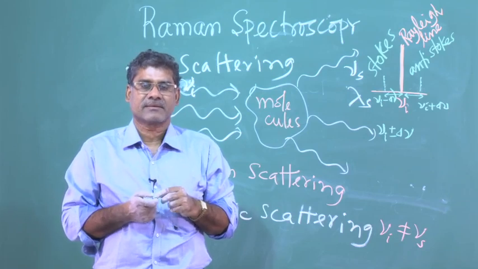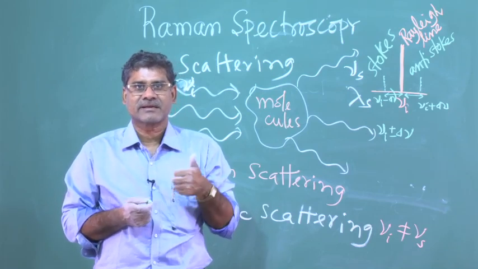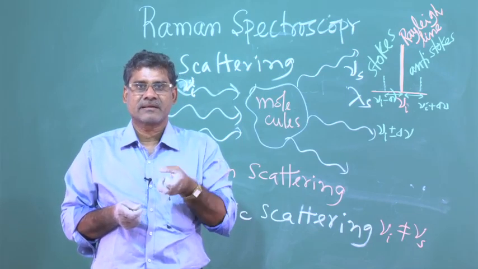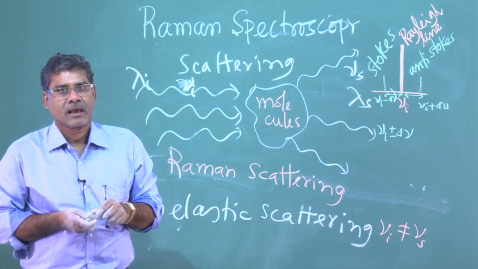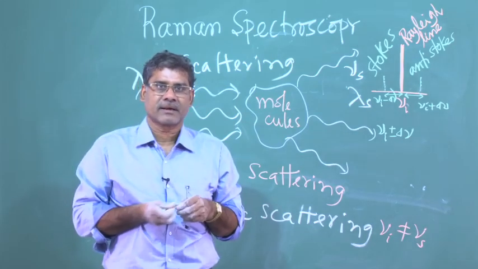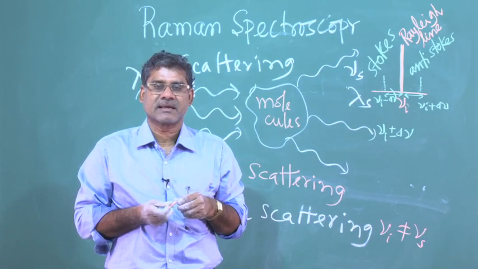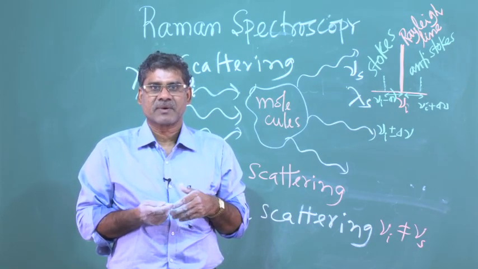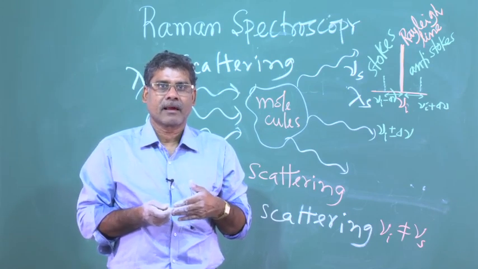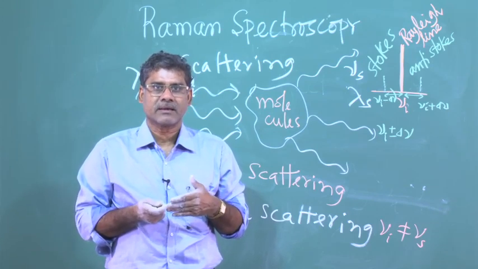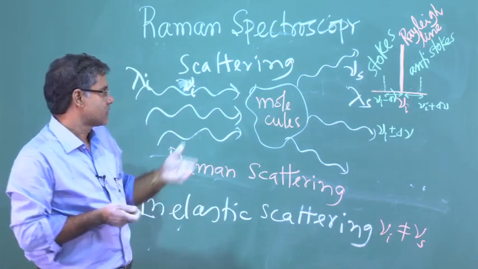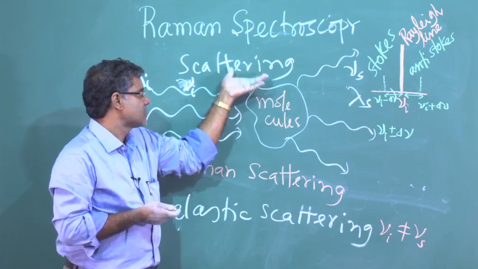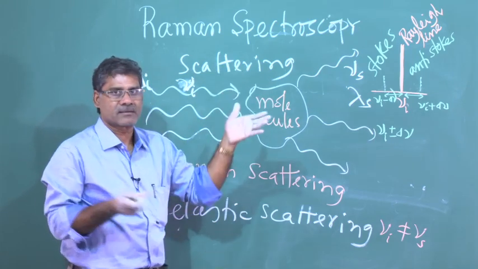The main reason is that laser light is now available. Laser light is focused, has tremendous intensity, and is monochromatic. Monochromatic means it has a single wavelength. Raman spectroscopy is very simple, and I think it is used all over the world.